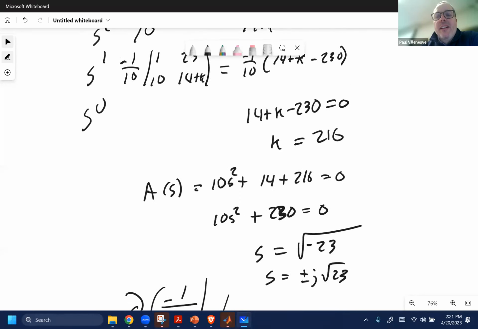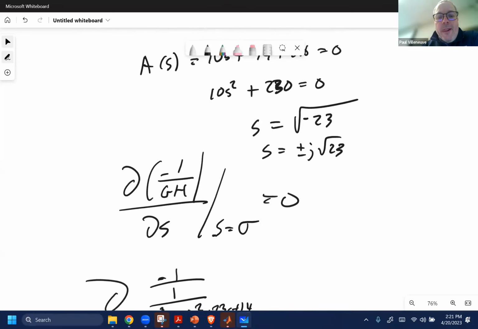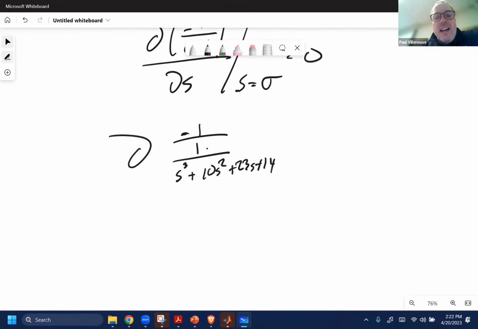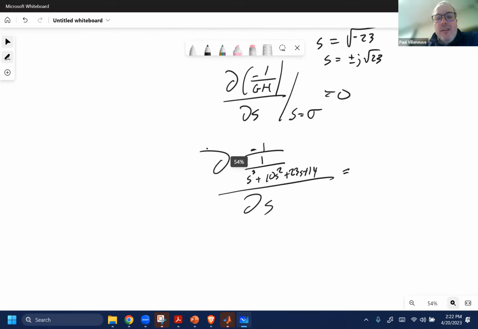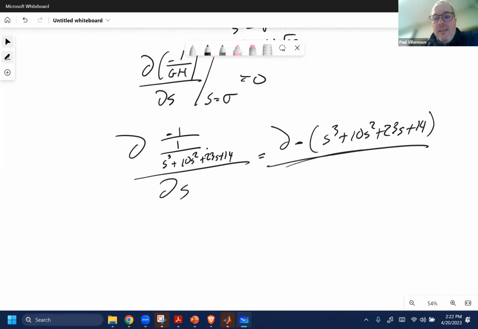I believe that's correct. Let me just go back up and double check that. Yep. So I'm taking the partial with respect to s of negative s cubed plus 10s squared plus 23s plus 14.